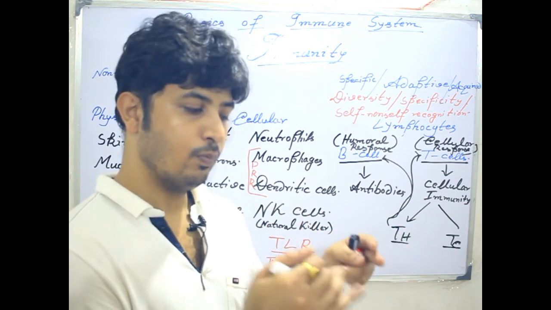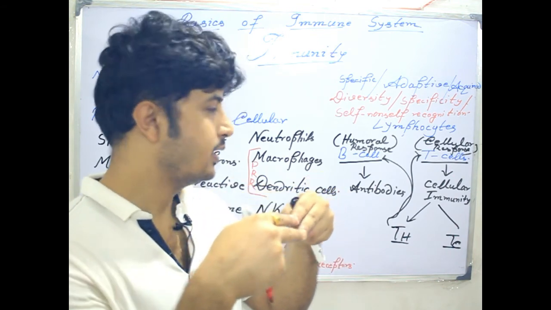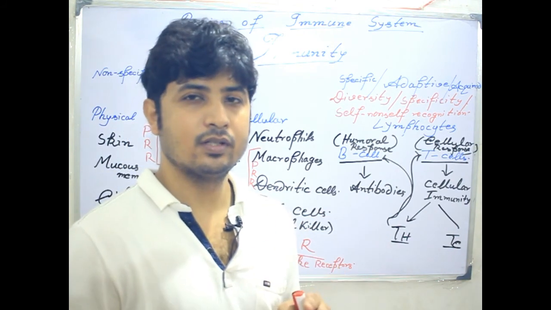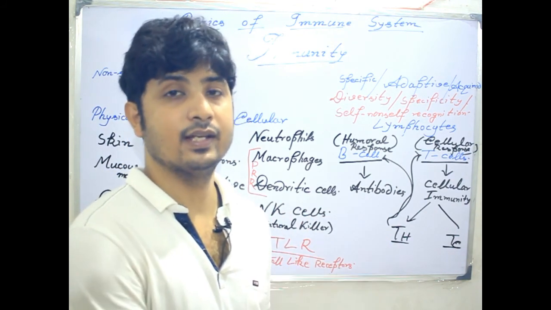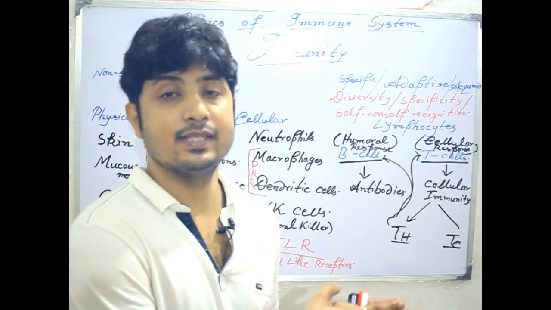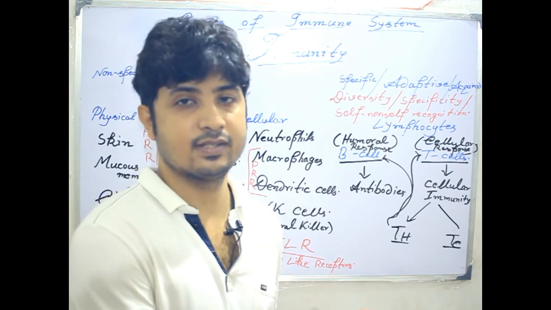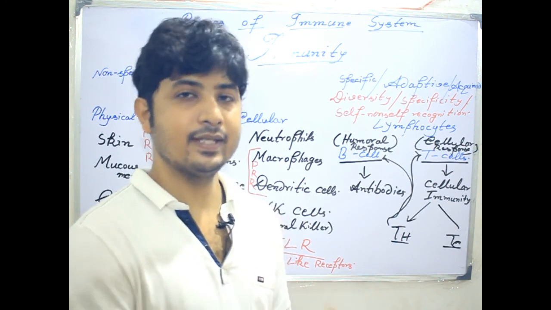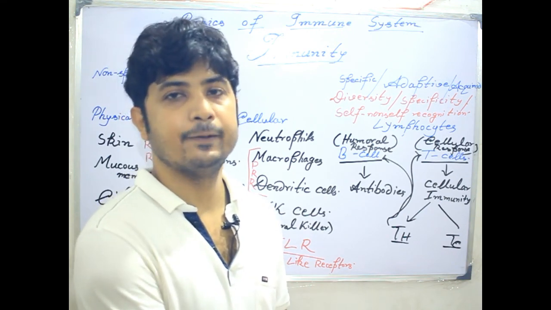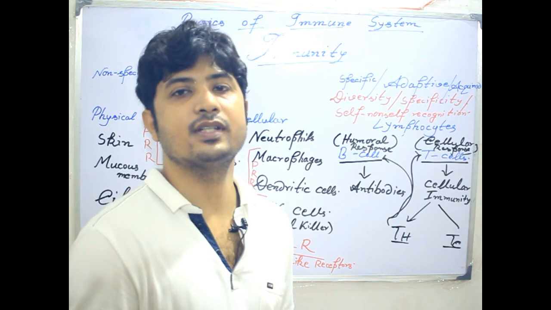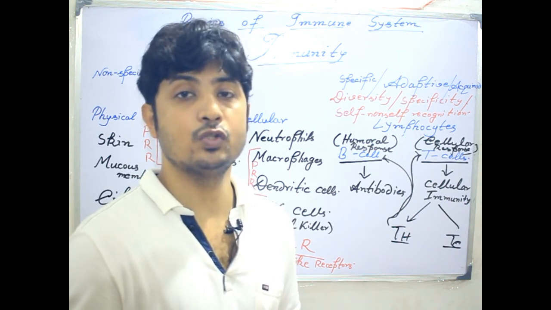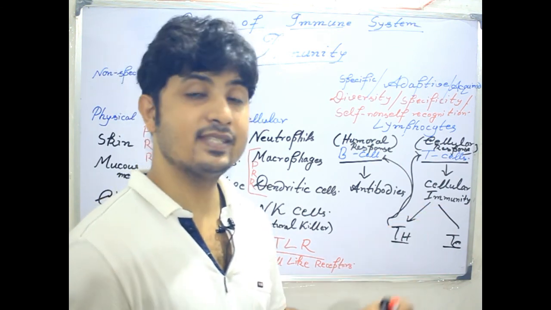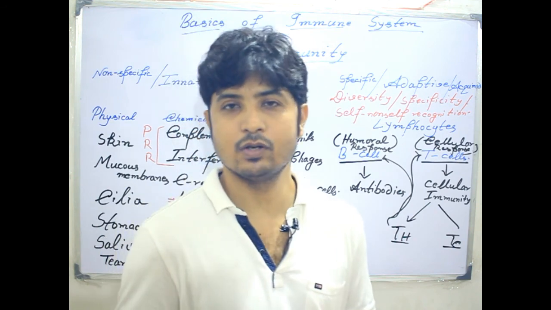The T cell and the affected cell both connect through the receptors, and the T cell receptors will send a signal to the affected cell that you should respond like this or you should produce this substance to eliminate the viral pathogen. Or the T cell can also make the cell go for death or apoptosis. So this kind of protection or destruction, that is cellular cytotoxicity, is governed by TC cells or T cells. That's why it is cellular immunity.